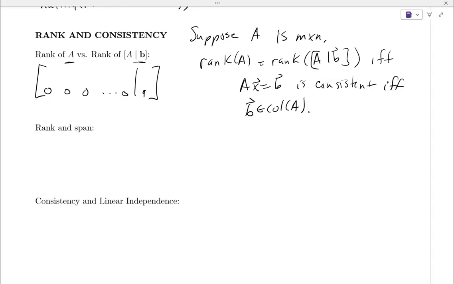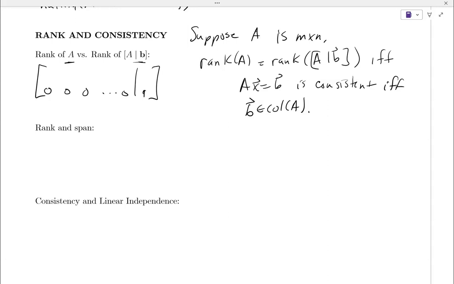Again, if you augment a vector to the matrix and the rank goes up, then it can't be in the column space, right? Because when we tie it back to linear independence, we went back and picked out the columns that had pivots in them.